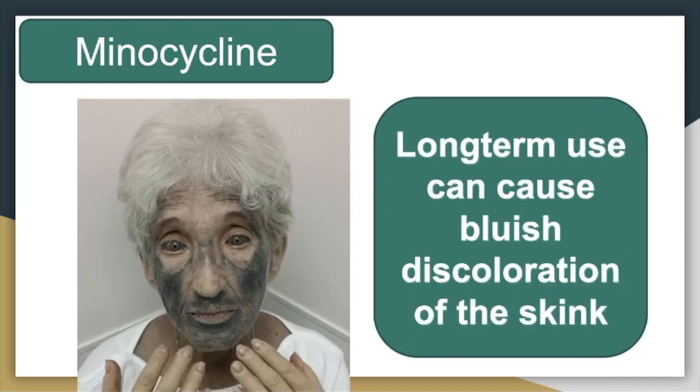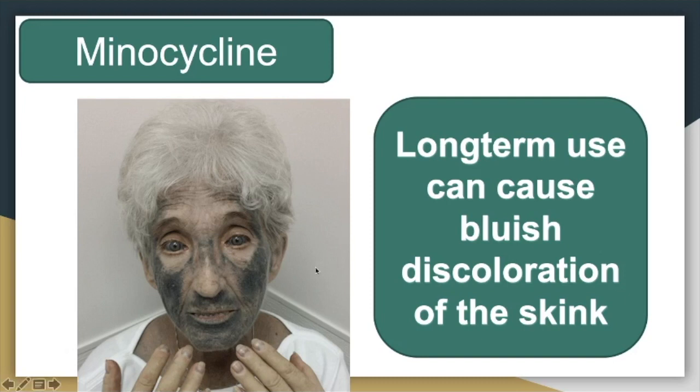The one thing you should know, unfortunately, is that long-term use of minocycline can lead to a bluish discoloration of the skin. Oops, there was a typo on the slide, that's supposed to say skin. Sorry, guys. This is a lady who was on minocycline for 9 years, and all of a sudden her skin turned blue.